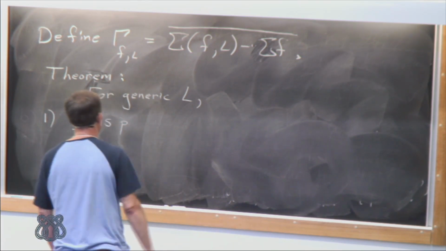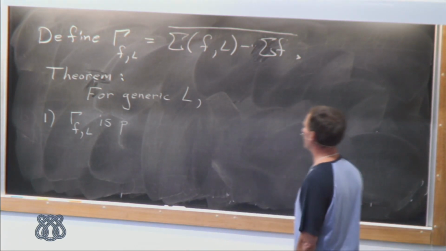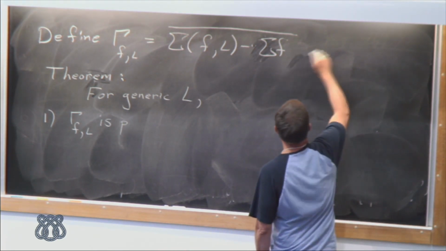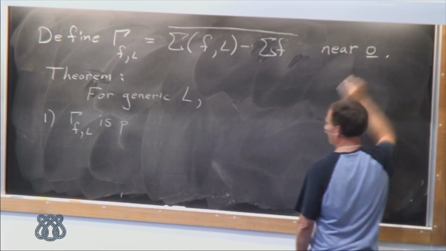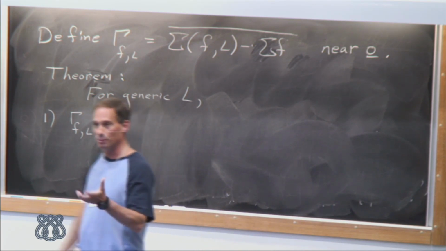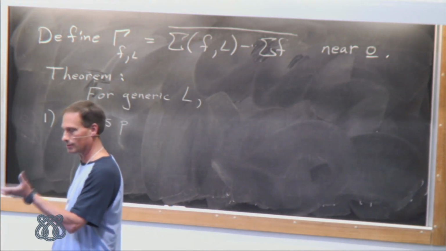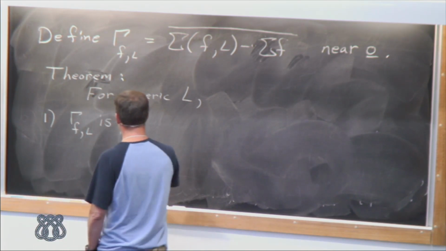All of this, I'm thinking of at the origin. So I'm thinking of a neighborhood of the origin. Define gamma near the origin. If you like germs, I'm almost always looking at things as germs at a point.